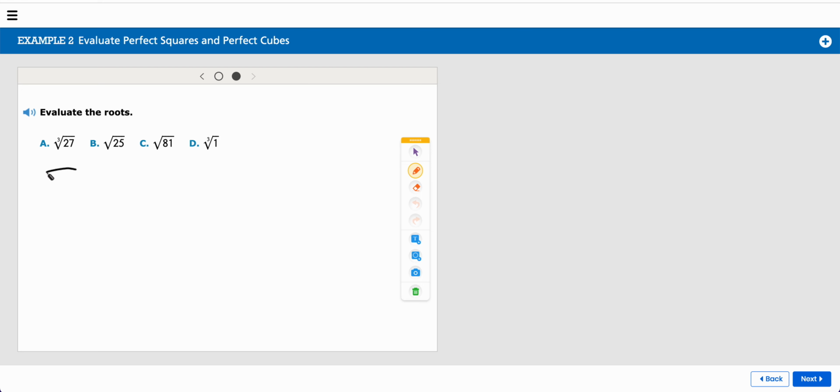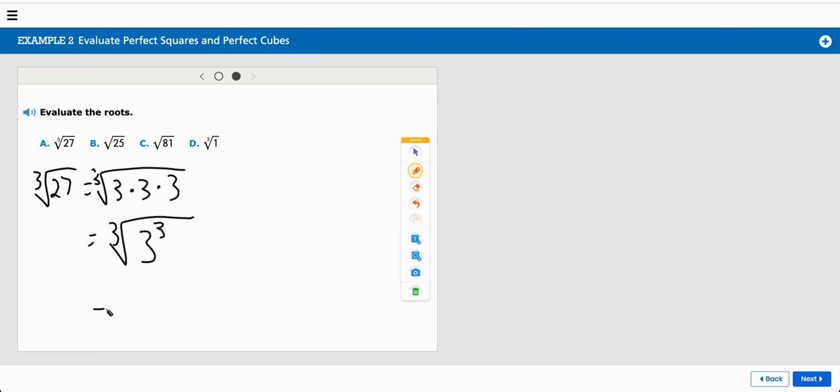The way they're working this out, when you fill in the blanks, they want 3 times 3 times 3, and then it equals the cube root of 3 cubed, which is the same thing as 3. That's a lot of 3's. 3.